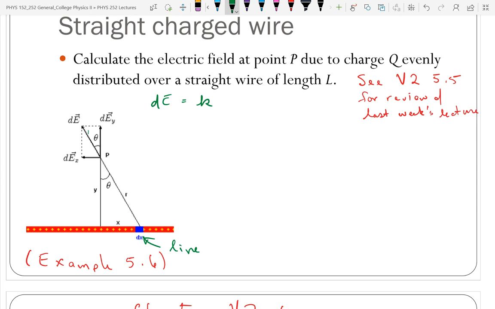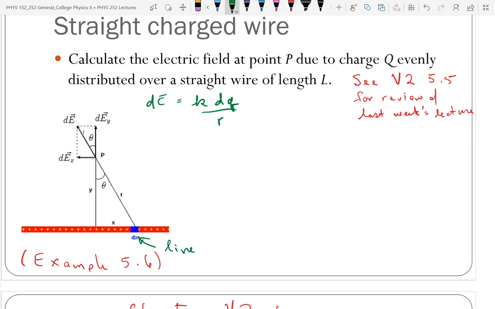That's the force between two point charges. So we're going to divide out the Q2, so it'd be just k Q1. But now we're doing the differential form, so it'd be k dQ over r squared.